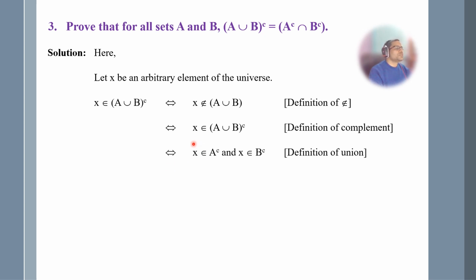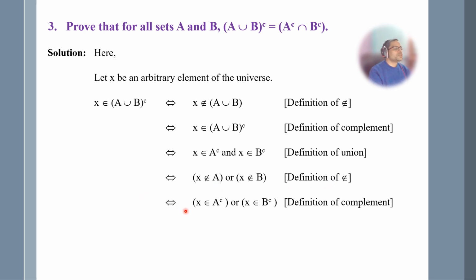Which is equivalent to x belongs to A complement and x belongs to B complement, if and only if x does not belong to A and x does not belong to B, which is by the definition of does not belong to.